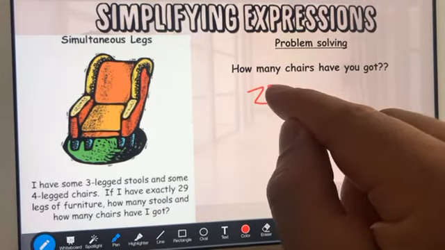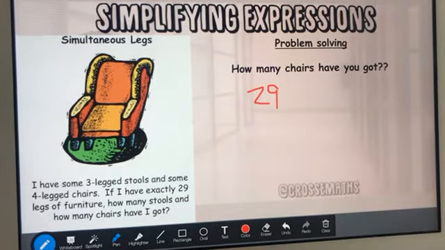That's how many legs of furniture there are altogether. My advice is, if you keep taking away 4-legged chairs, if you keep taking away 4s, eventually you'll hit a number in the 3 times table, because there are lots of 3-legged stools, and that's going to be your answer.